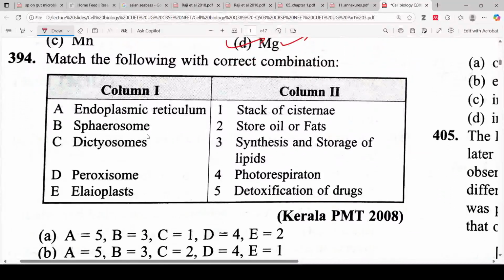Now match column 1 with column 2. The organelles are given, and you have to choose the correct answer.